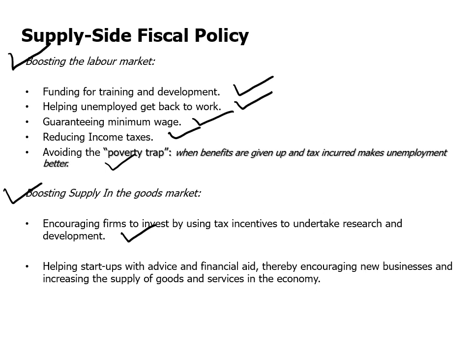Okay, and also we could help startups with advice and financial aid, and thereby encourage new businesses, and this would increase the supply of goods and services in the economy as well. So help our businesses with advice, financial aid, management consultants, ask them to come see me and we'll help their businesses. Okay, all right.